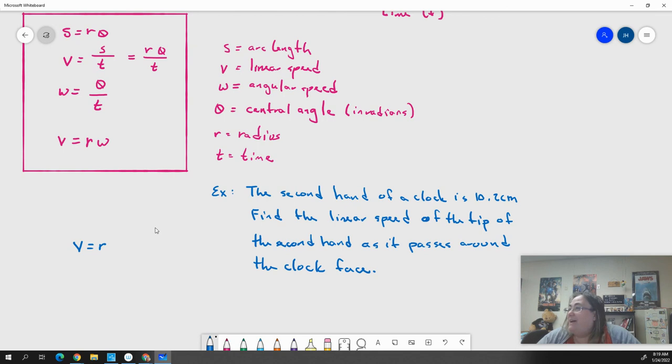Radius times theta over time, or we need the arc length over time, right? We can do either of those things.